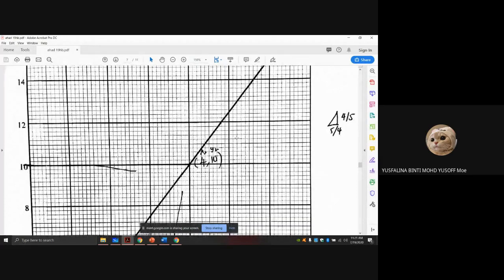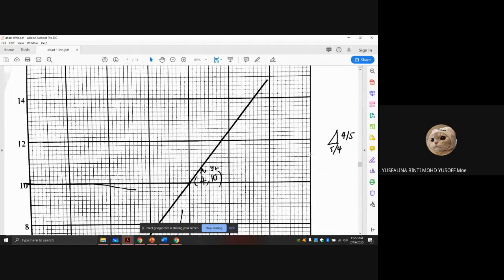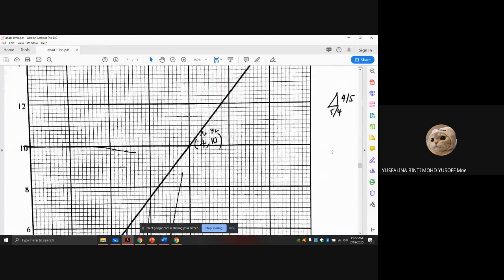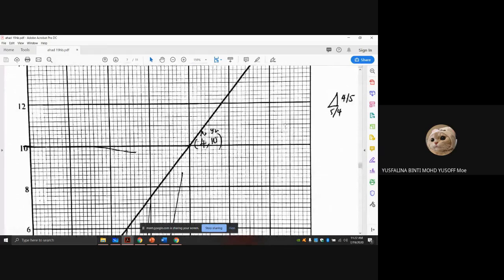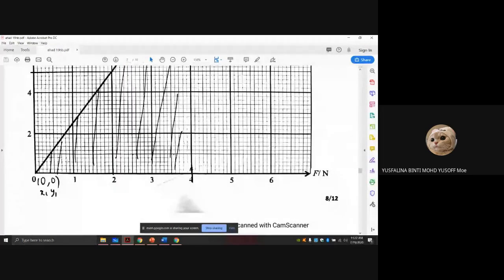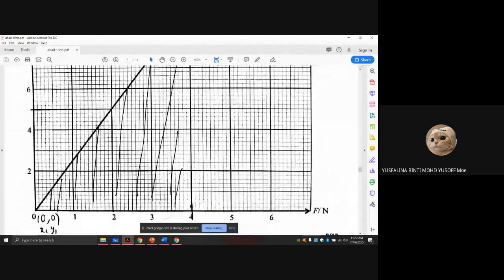So remember, when you want to find the gradient for paper 3, you must have a triangle, and the size of the triangle must be 4 or 5 big boxes, or 5 or 4 boxes. This one is a minimum. If you want to make it bigger, it's better than just following the minimum one. But make sure your triangle is enough, 4 or 5 boxes here.